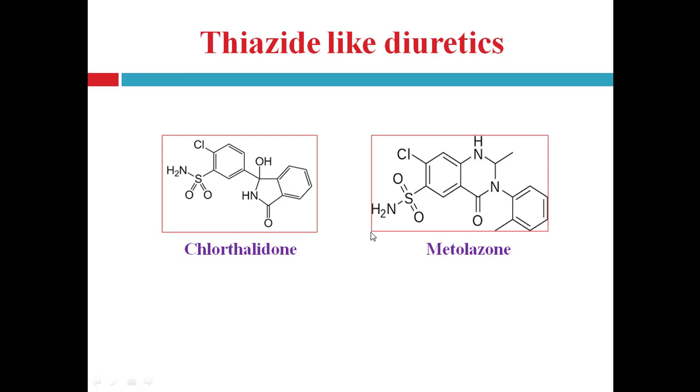Chlorthalidone has one similarity with thiazide, that is the presence of the SO2NH2 group, the sulfonamide group, right? Chlorthalidone contains the pyrrolidine ring, right? And metolazone contains the pyrimidine ring, a dihydropyrimidine ring.